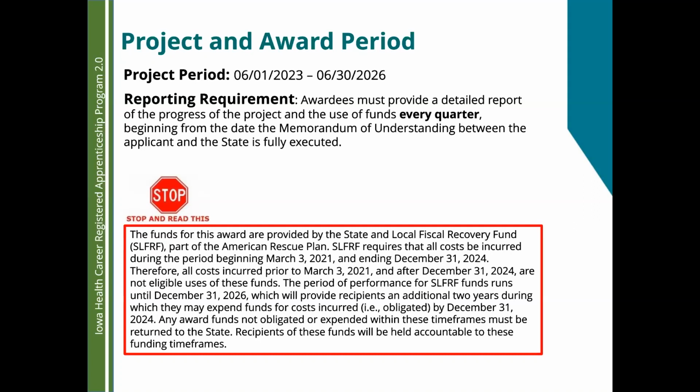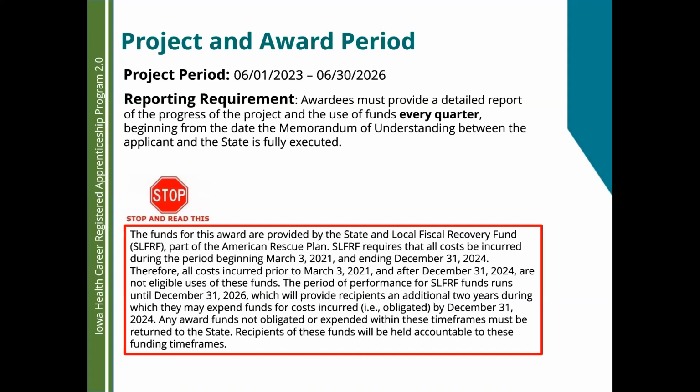This specific program, which utilizes those funds, doesn't start until 6/1 of 2023. So don't consider the 2021 date as the start date of the program. That's the start date of the funds that the federal government allowed the state to start. That's the date that the state was able to start utilizing the funds.